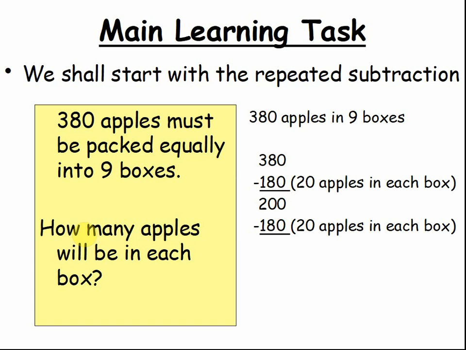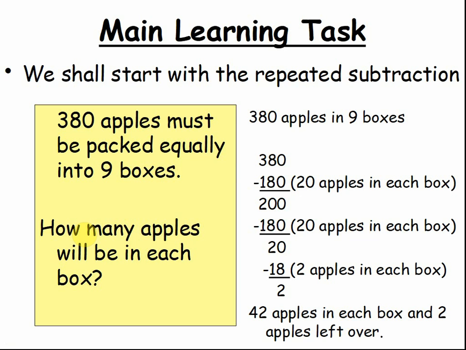We take another 20 apples in each box, and so we have 20 left. And then we use 2 apples in each box, and that is 18 apples, which means 2 left over. 42 apples in each box, and 2 apples left over.